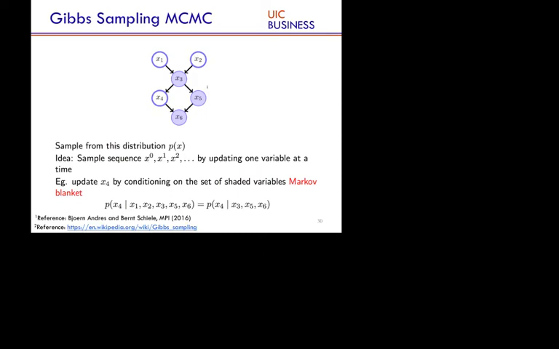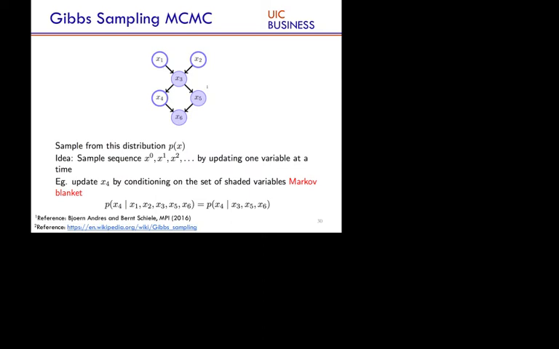But you notice that if I want to get a sample of x4, at least in a directed probabilistic graphical model, if you have samples for these other random variables, which form what is called the Markov blanket, or in terms of d-separation, think of this as set C, then x4 is conditionally independent of x1 and x2.